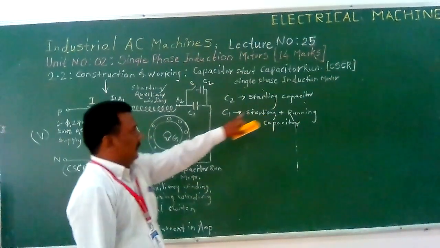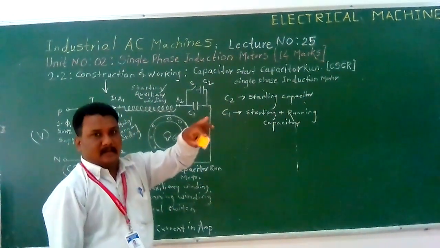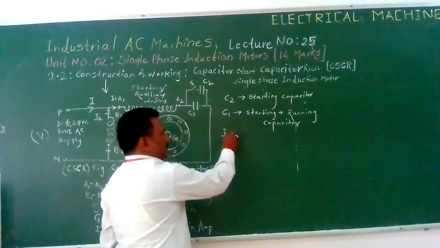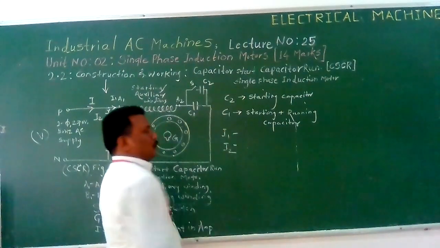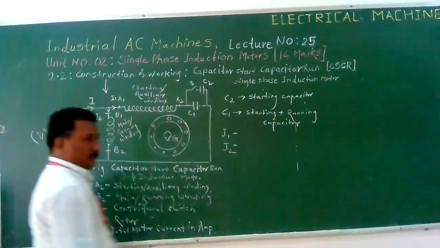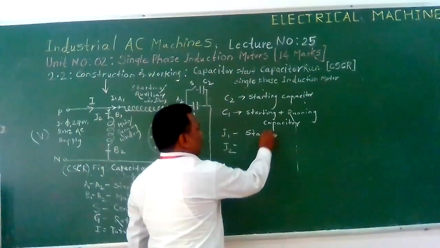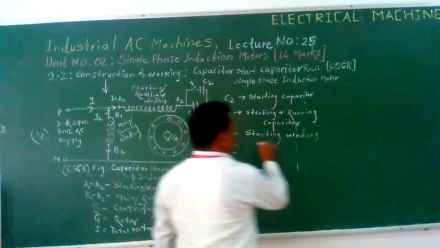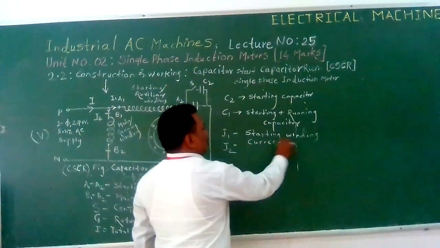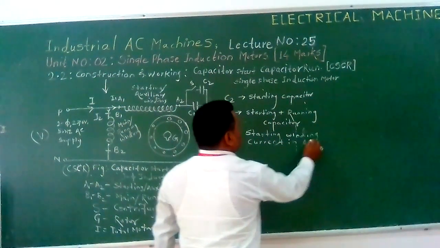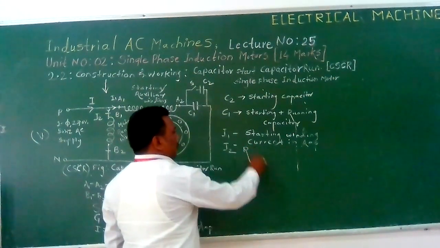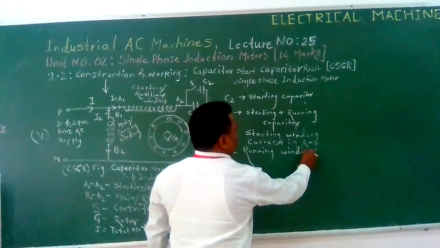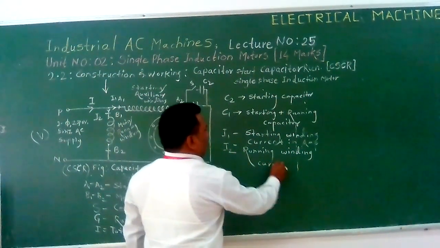C2 is the starting capacitor, C1 is the starting as well as running winding capacitor. I1 is the starting winding current in ampere. I2 is the running winding current in ampere.